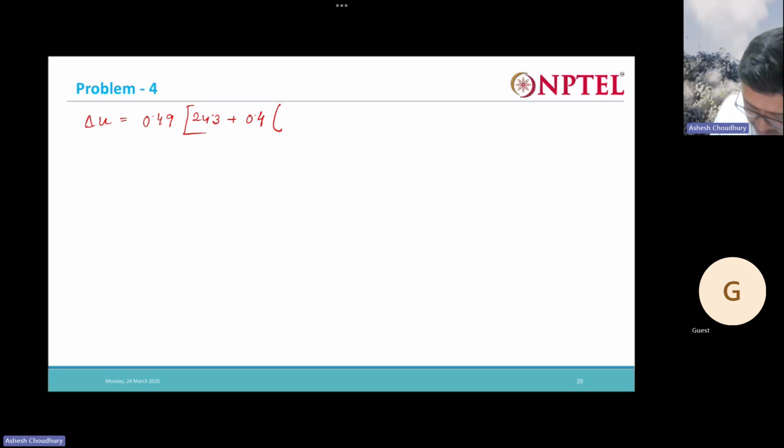The increase in delta sigma 1 is 48.6, minus the increase in sigma 3, 24.3. Right? So from here I get the increase in water pressure as 16.67 kPa. Alright.